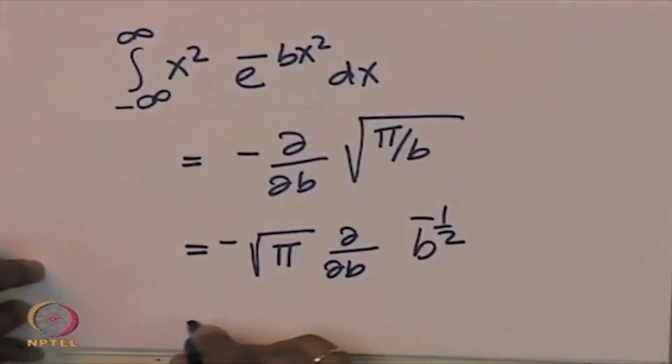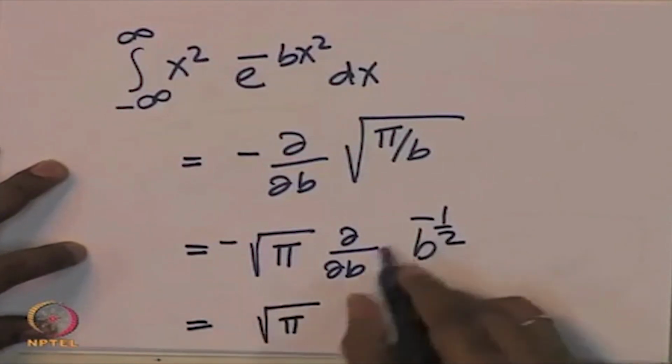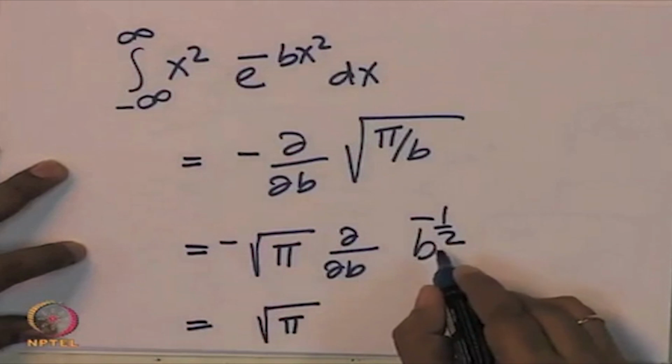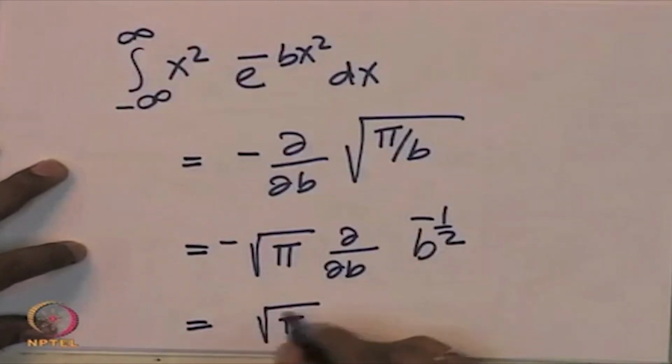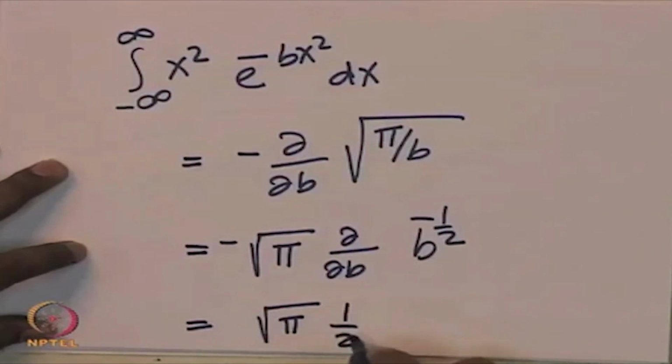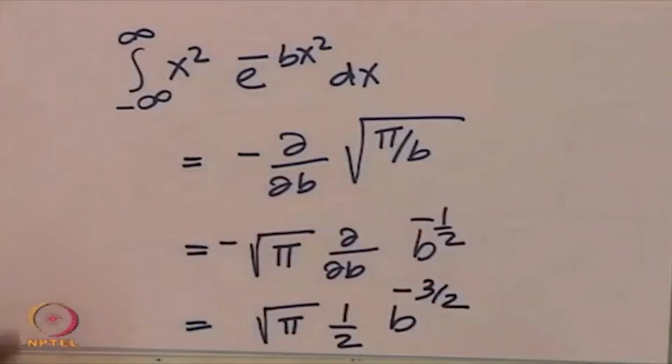So, this is nothing but root pi into the derivative of b power minus half, which is minus half b power minus 3 by 2. So, there is a minus half, and the half and the minus sign cancel. So, plus half b power minus 3 by 2. So, this is the answer of this.